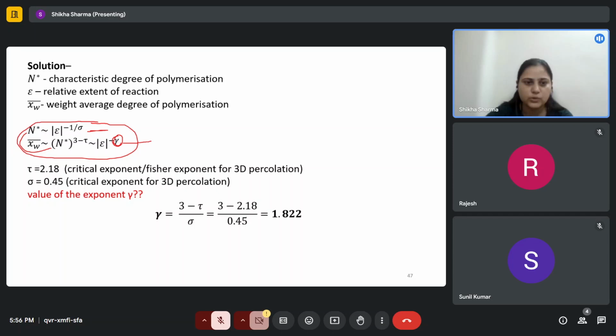As per the lecture slides, gamma equals (3 minus tau) divided by sigma. Tau is 2.18, which is given in the question and is constant for 3D percolation. Sigma, the critical exponent for 3D percolation, is 0.45, also fixed. So we can subtract and divide, and we get the exponent value as 1.822.